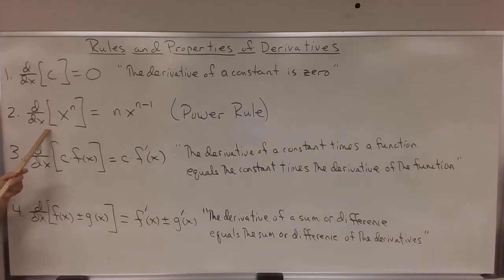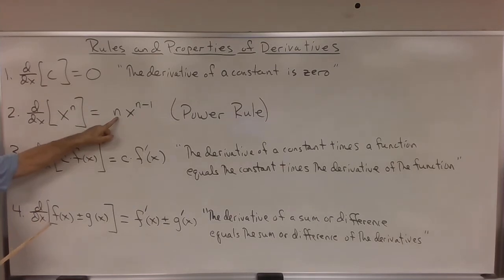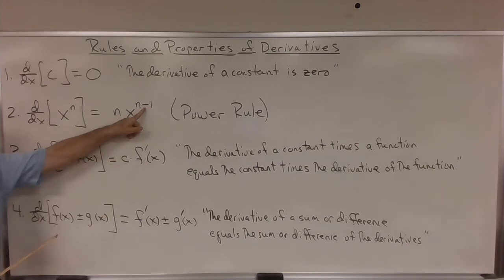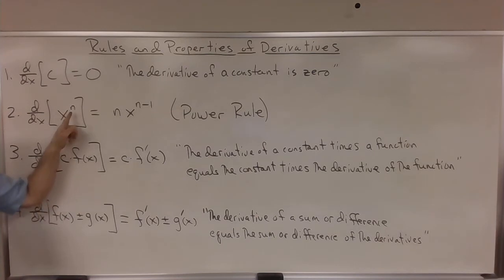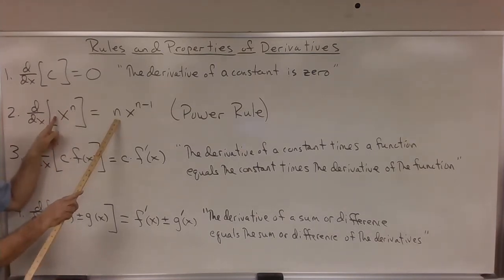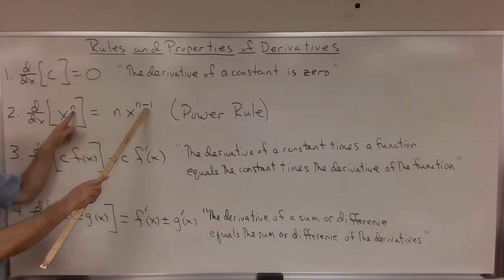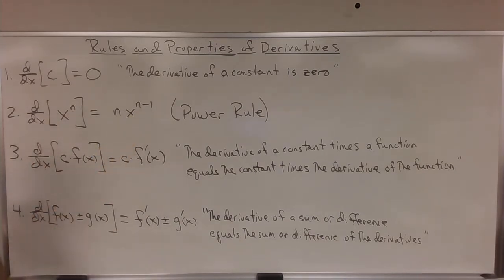The next rule is called the power rule, and it tells us how to compute the derivative of x to any power. We take the exponent and bring it down front as a multiplier, and then subtract 1 from the exponent. It's a two-step process. First step, take the exponent and bring it down front as a multiplier. Then subtract 1 from the exponent.